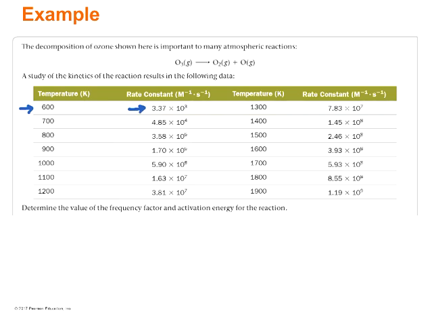So we want to determine the value of the frequency factor, remember that's A, and then the activation energy for the reaction, which is Ea. The first thing we need to do is plot the data. Again, we want a graph of the natural log of the rate constant k over inverse temperature, and we should see something that looks like that.